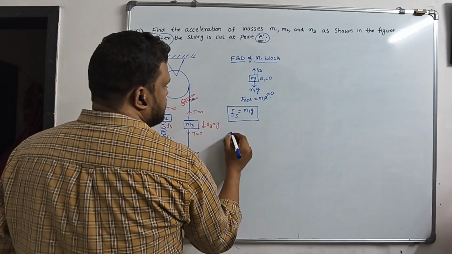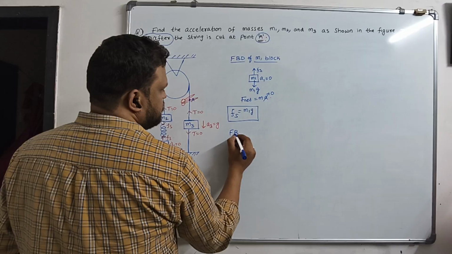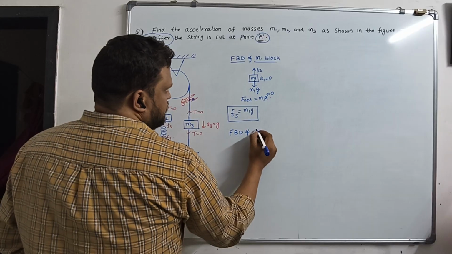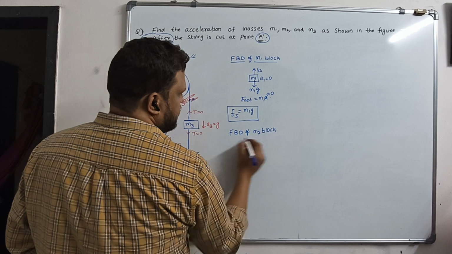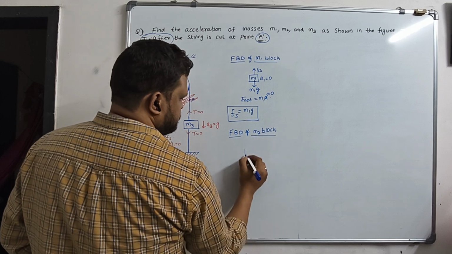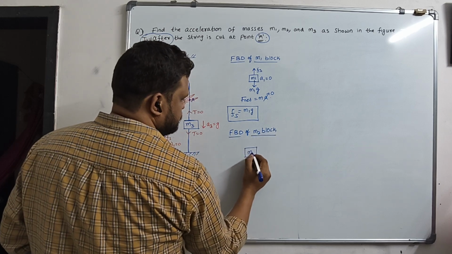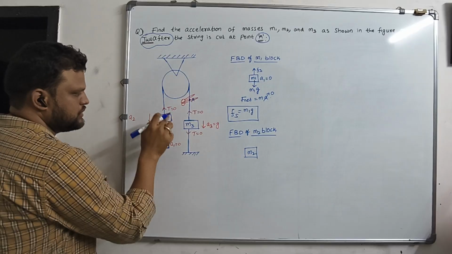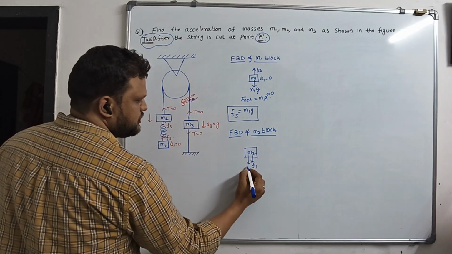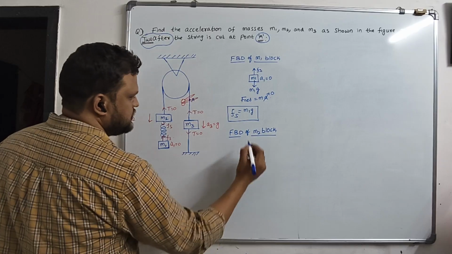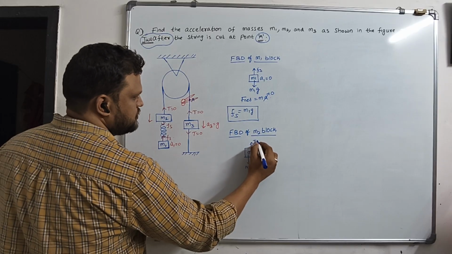Now let us take the free body diagram of the M2 block. So this is M2, and on this M2 block there is the spring force Fs downwards, and also the weight of this block, M2 multiplied by g, and the tension upwards is anyhow 0.